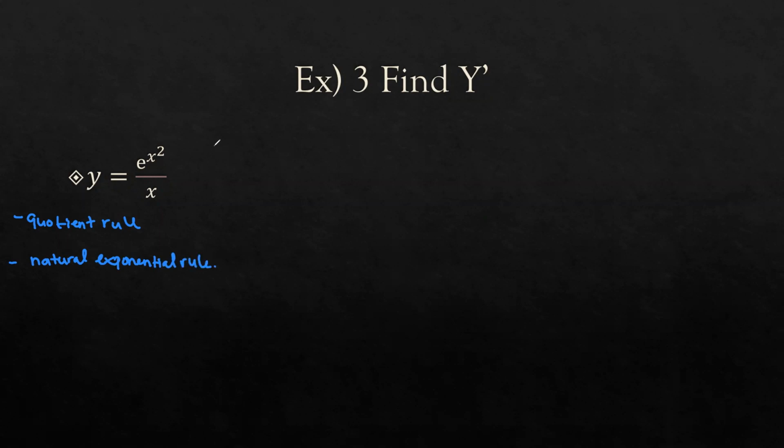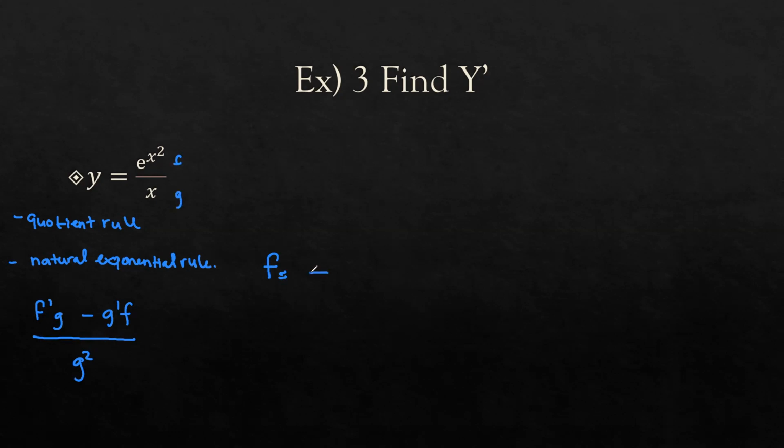Okay, let's review the quotient rule. If you forget, it's f prime of g minus g prime of f, all over g squared. Let's first figure out our f and our g. Our f is the numerator, and g is the bottom.